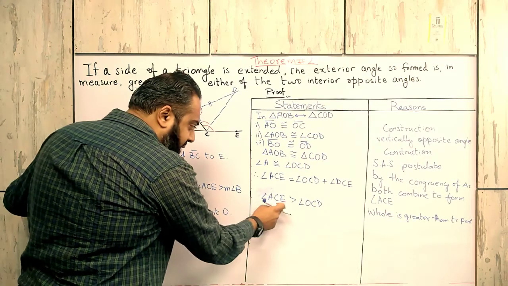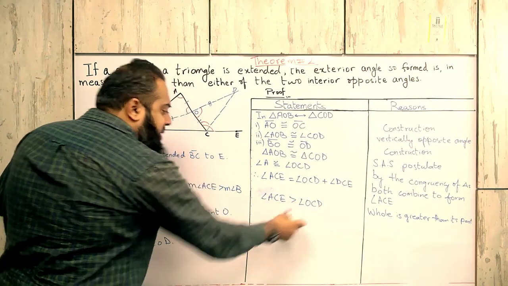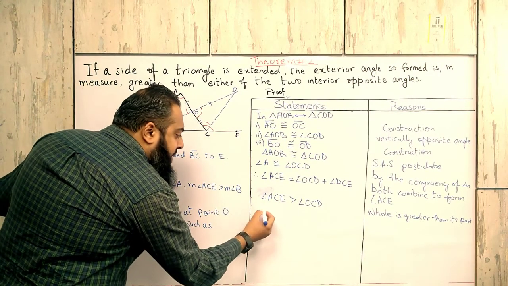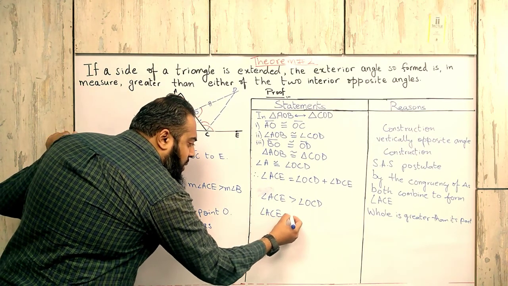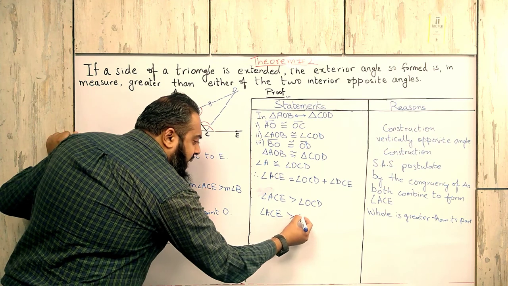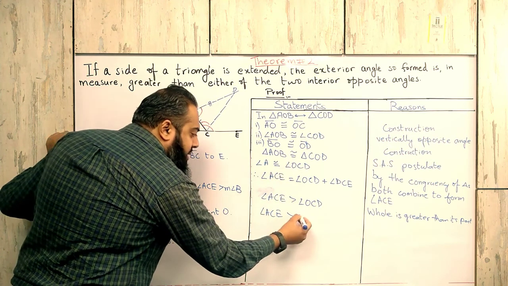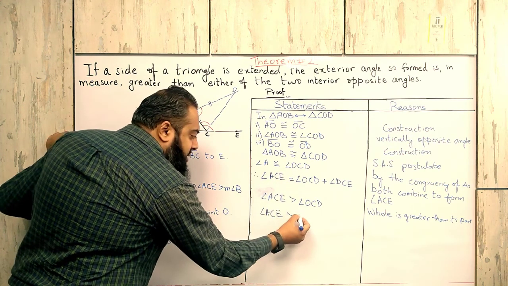And if ACE is greater than angle OCD, then we know that angle OCD equals angle A. We have written over here by the congruency of triangles.